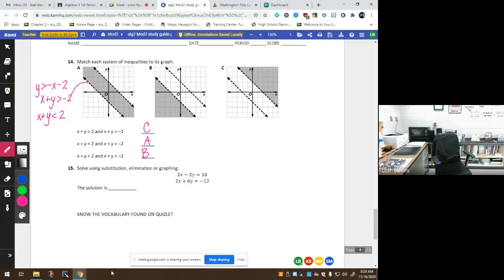All right, solve using substitution, elimination, or graphing. Seems like elimination will be the obvious choice. So I'm just going to change the sign of everything in this top equation. Essentially, all I did was multiply everything by -1.